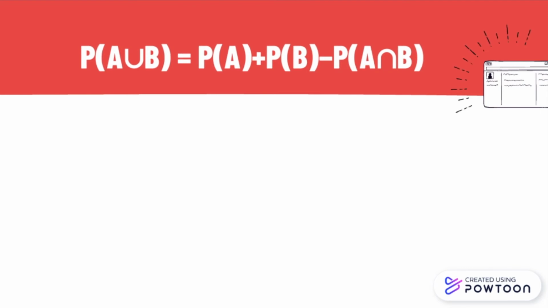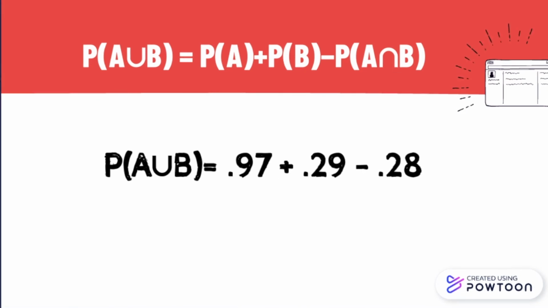Because we already have all the numbers we need, now put the numbers into the formula. So 0.97 plus 0.29 minus 0.28 equals 0.98.